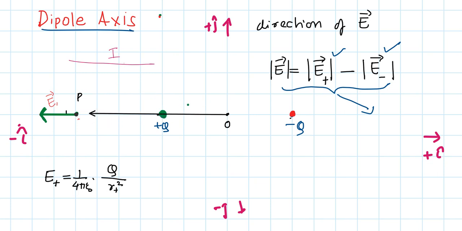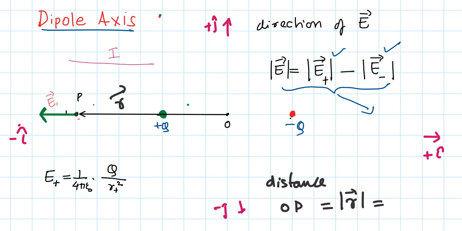Any arbitrary point around the dipole was represented using some vector r. So the distance OP is the magnitude of that vector. Meanwhile, let me call it r. So that distance is r from here to here.